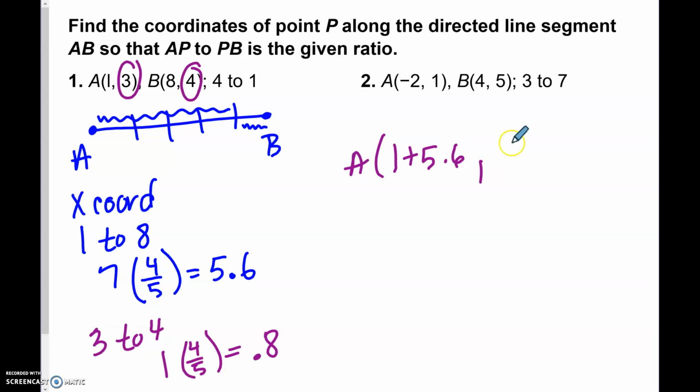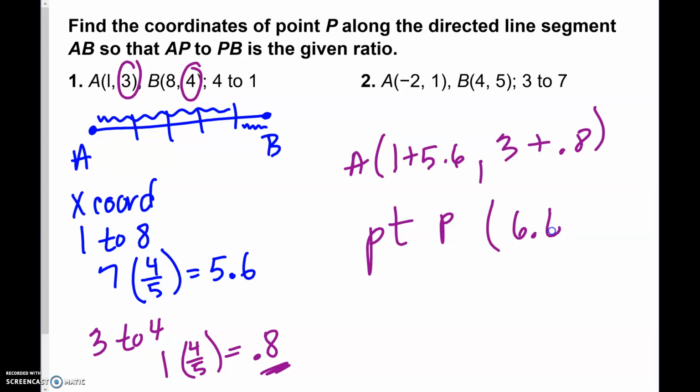Comma, and then started at 3, and then we added 0.8 to that. So that find point P is going to be at 6.6, comma, 3.8. All right, so hopefully that's enough to get you going on your homework.